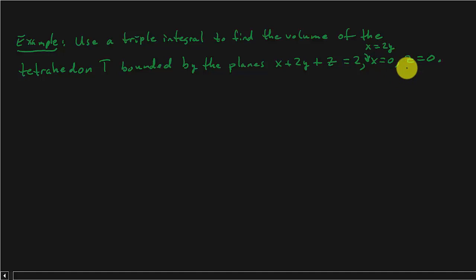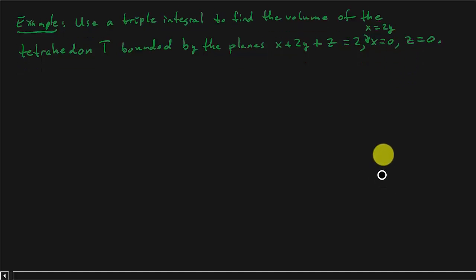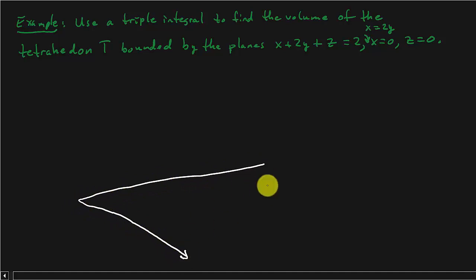So first thing, let's sketch a graph of this. All right, so we've got x, we've got our y, and then we've got our z. So to graph this thing, I can let z equals x equals 0, which is going to mean y is equal to 1.